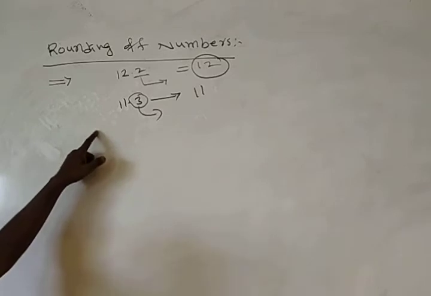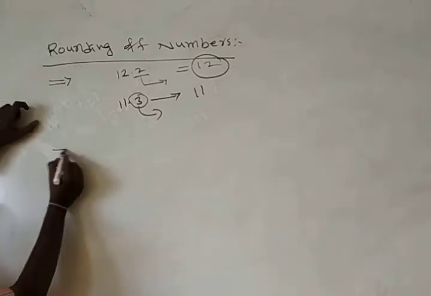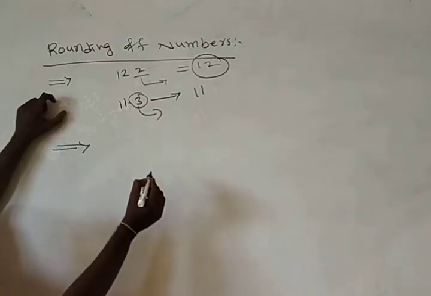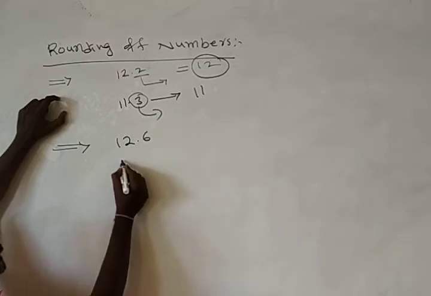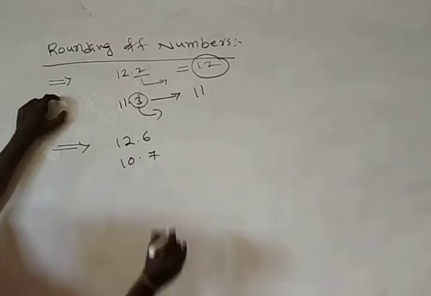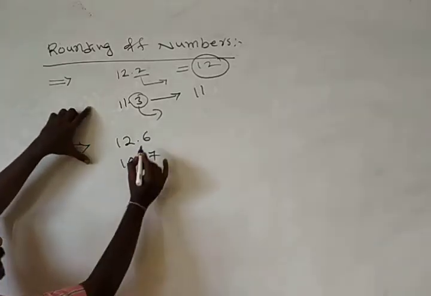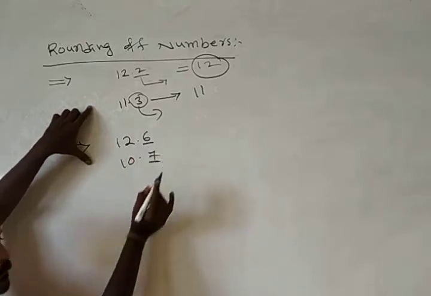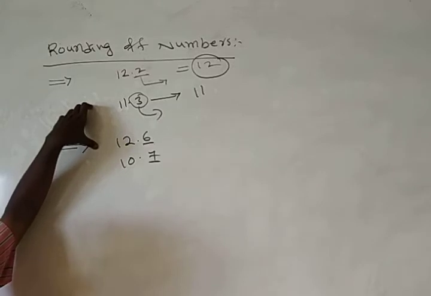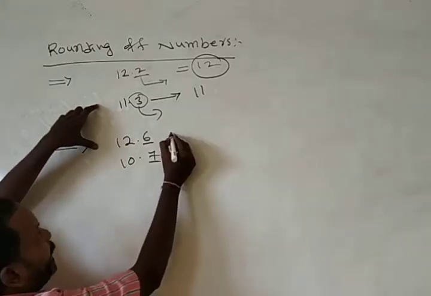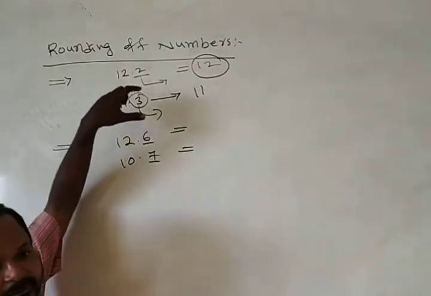If the dropped number is above 5, for example 12.6 or 10.7, this is the dropped number. If the dropped number is greater than 5, then round up to the next number.